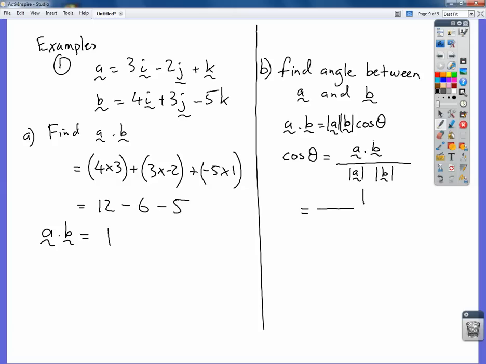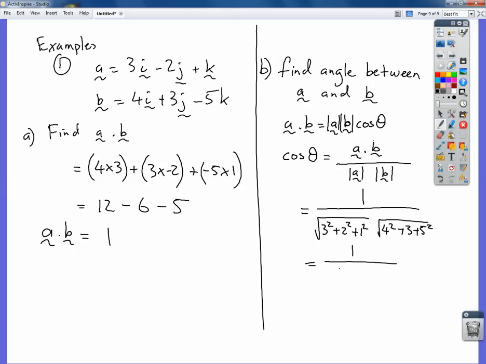We've just worked out from our previous example that A dot B equaled 1. The magnitude of A, 3 squared plus 2 squared plus 1 squared, and we're going to times that by the magnitude of B, which is 4 squared plus 3 squared plus 5 squared. What does all that come out to be?